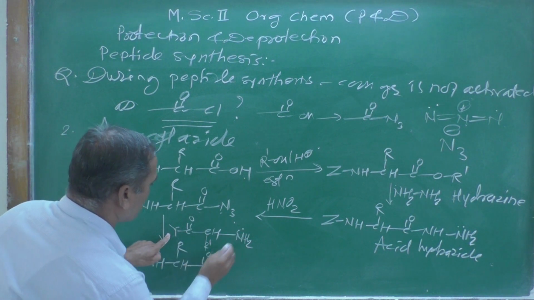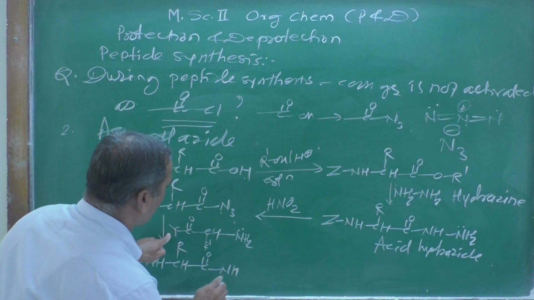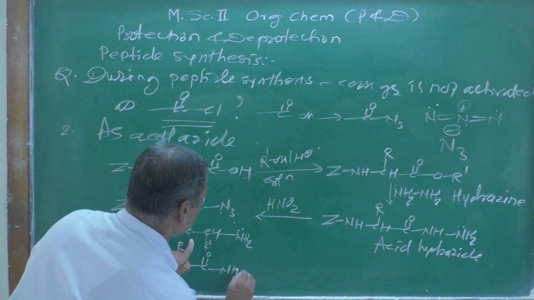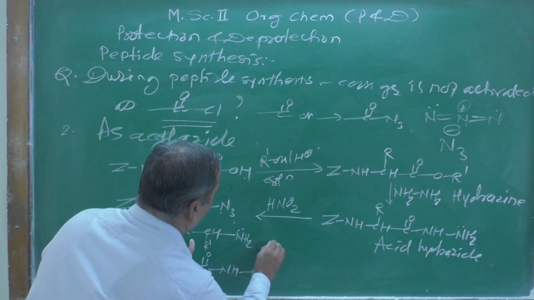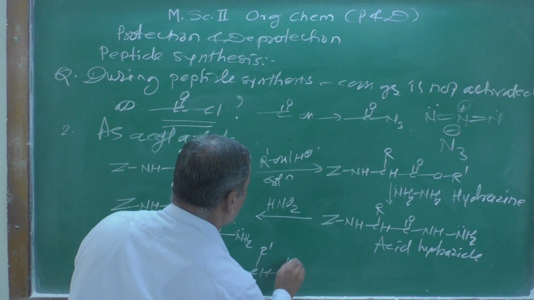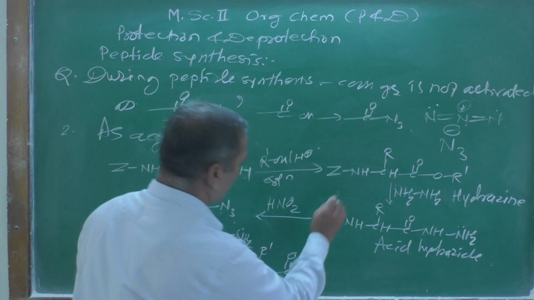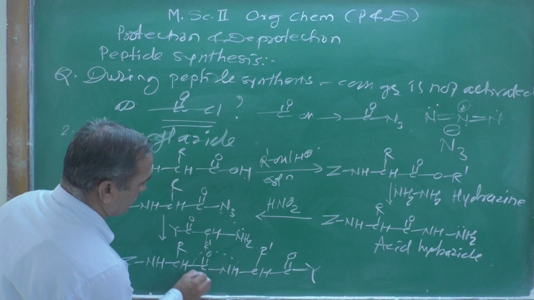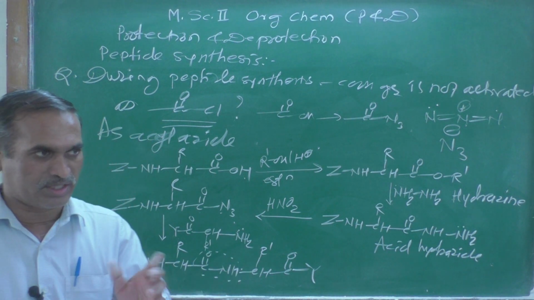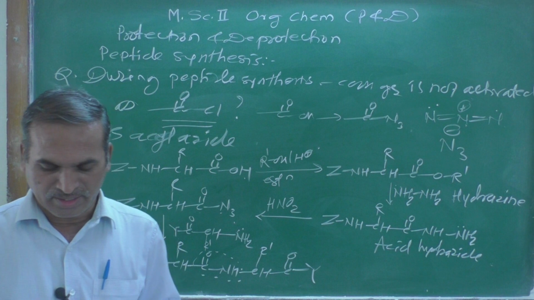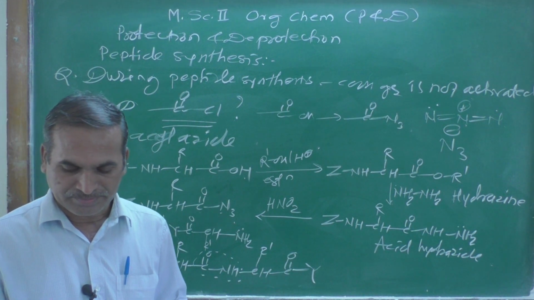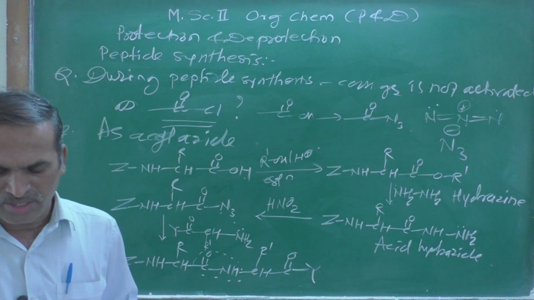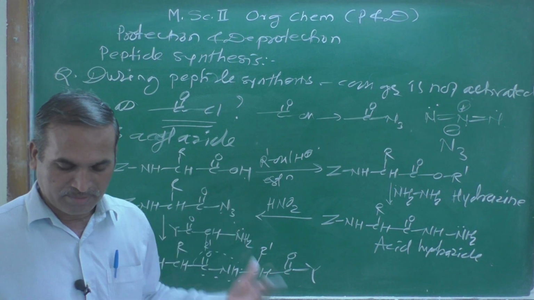Now this group, NH, the peptide bond is formed over there: NH, then CH, R dash, then C double bond O, and Y is there. So in this way a peptide bond is formed over there, or it is known as a peptide linkage, and the deprotection gives the desired product.